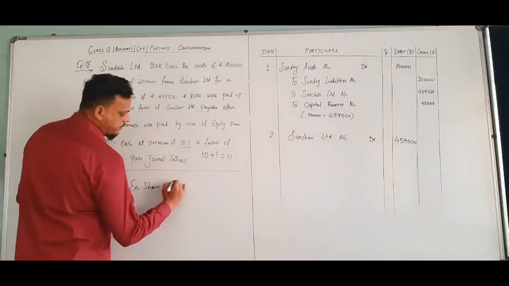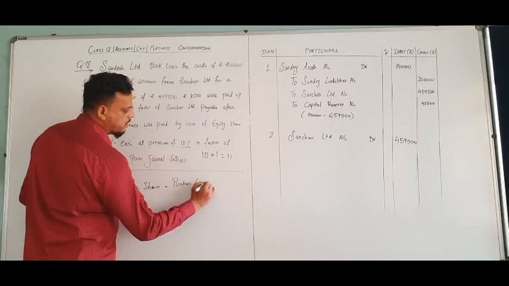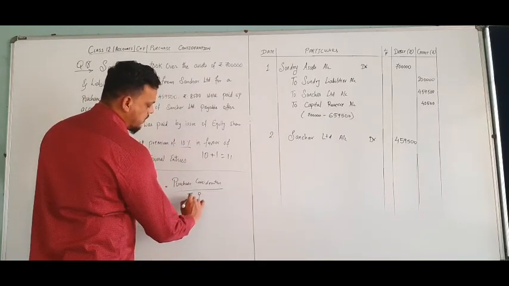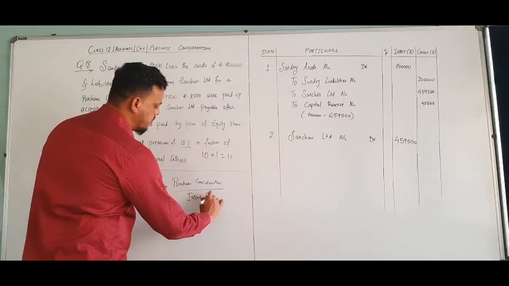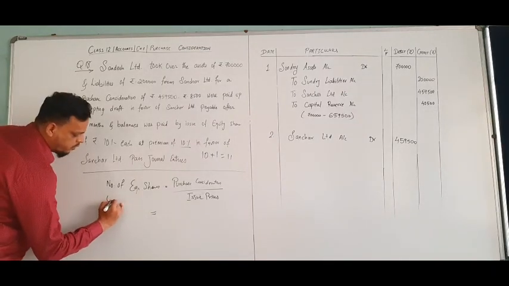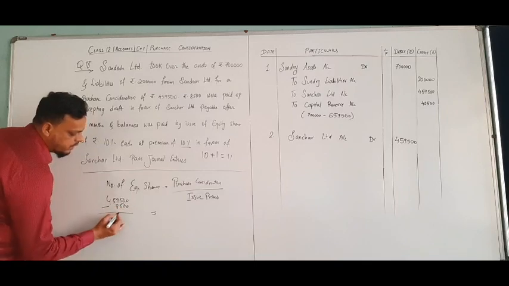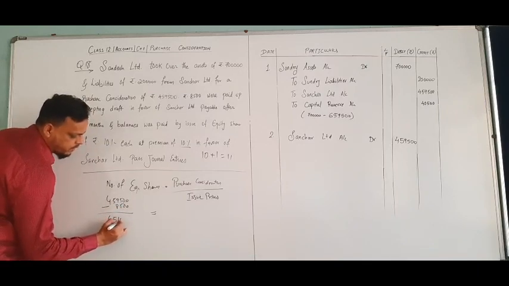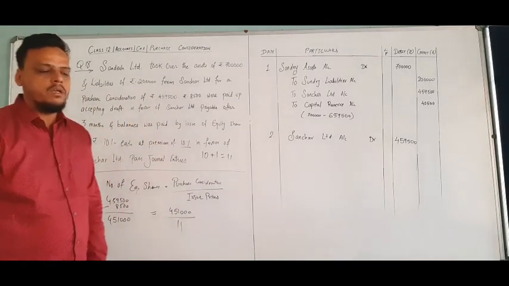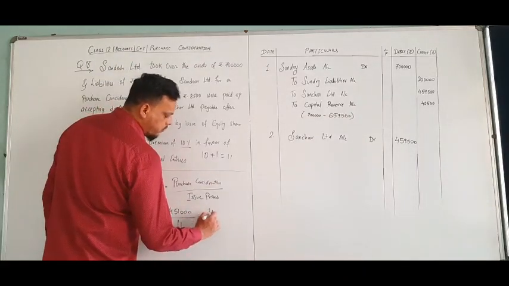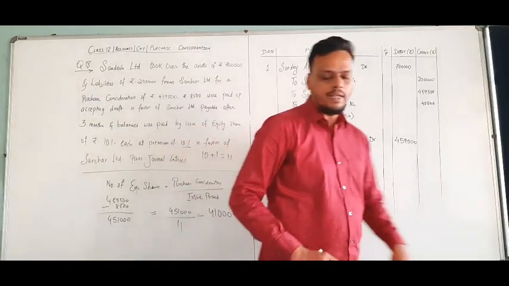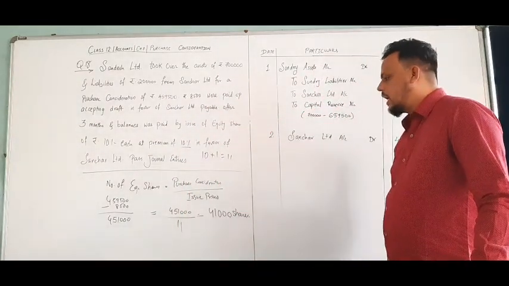There is a formula for equity shares: purchase consideration divided by issue price. The purchase consideration is 4,59,500 minus 8,500, which gives 4,51,000. Then 4,51,000 divided by 11 gives 41,000 shares. You can calculate this with a calculator. You will find that 41,000 shares are being issued.